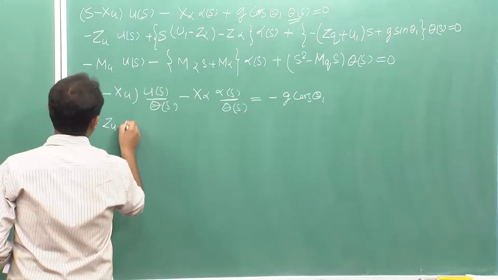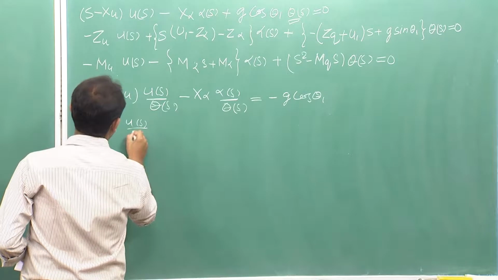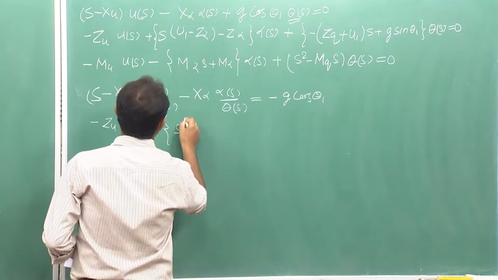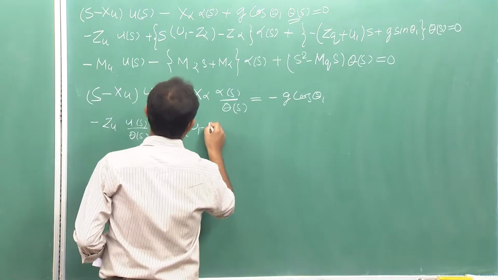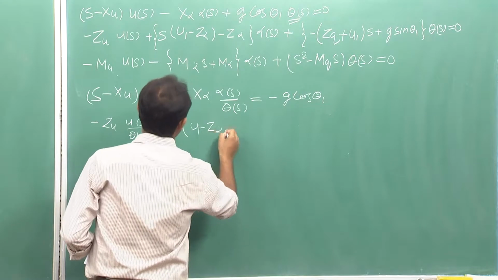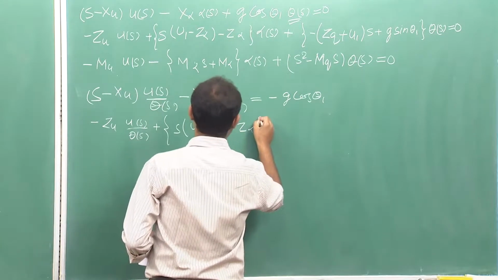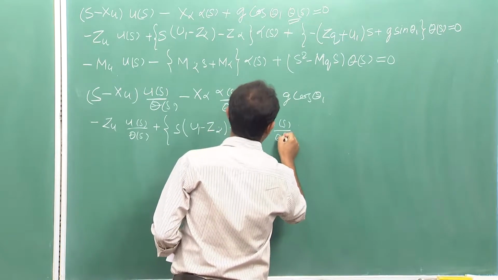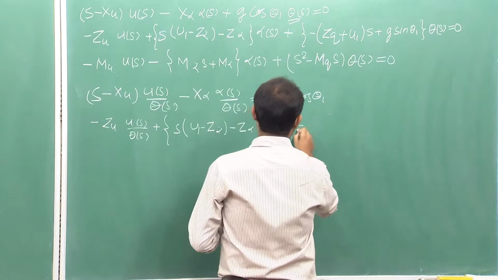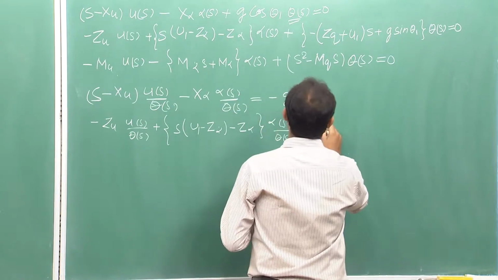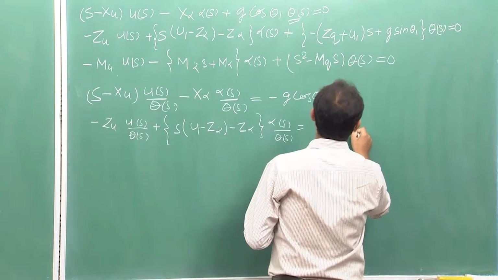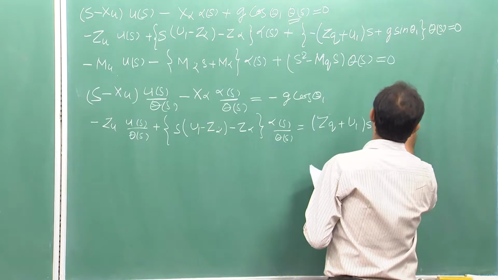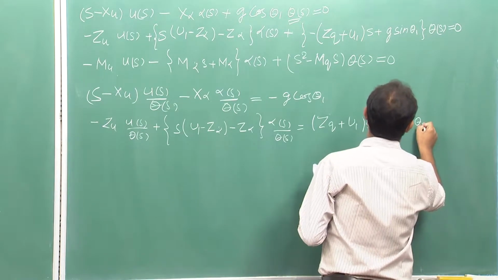Then minus z u into u of s by theta of s plus bracket s into u1 minus z alpha dot minus z alpha into alpha of s upon theta of s equals z q plus u1 into s minus g sin theta 1.